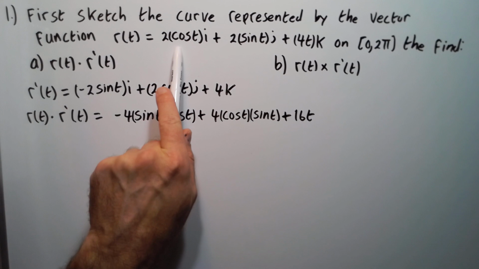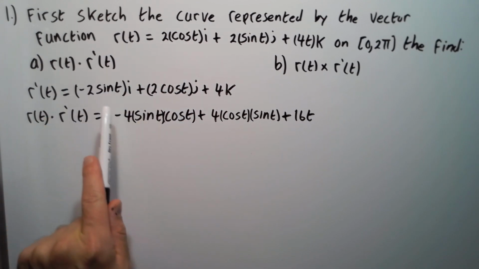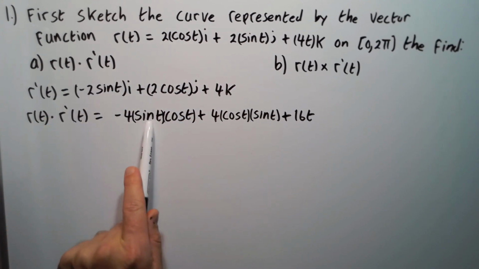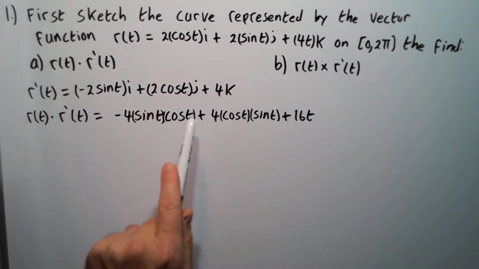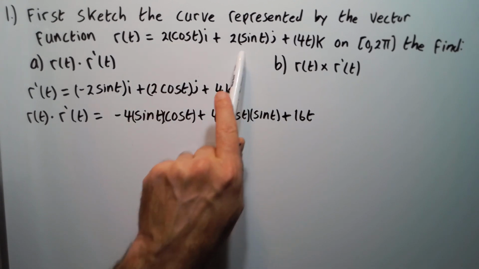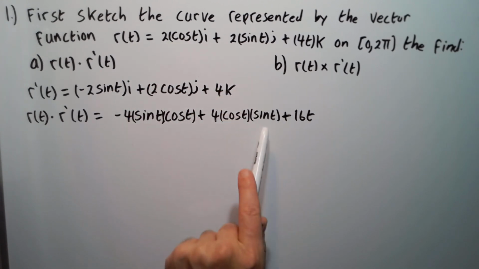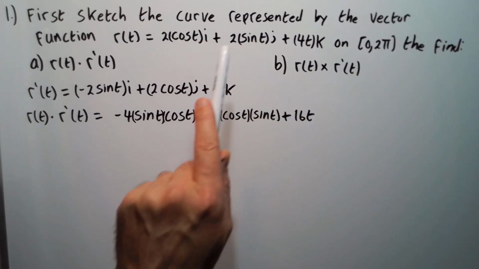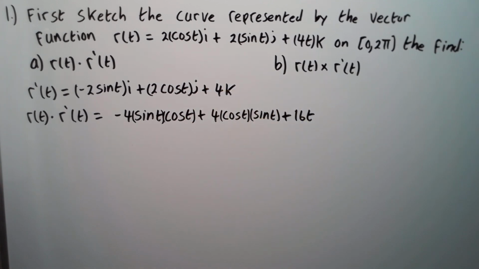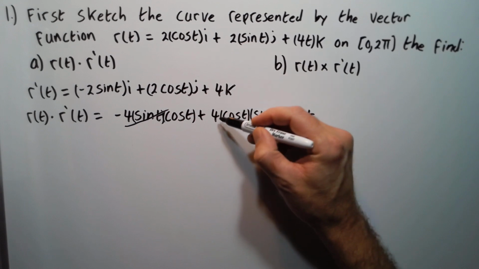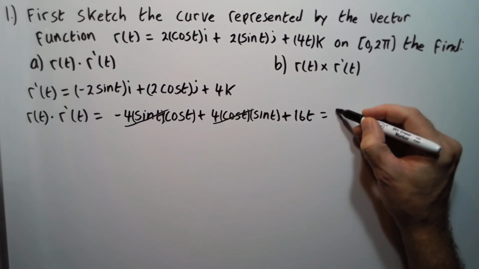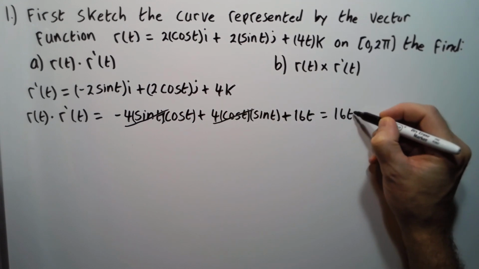Again, 2 cosine times minus 2 sine is negative 4 sine cosine for the i component. Then multiplying the j components, 4 cosine sine, and then multiplying k components, 4t times 4 will be 16t. Now these two will cancel. So it's going to be 16t as our answer.